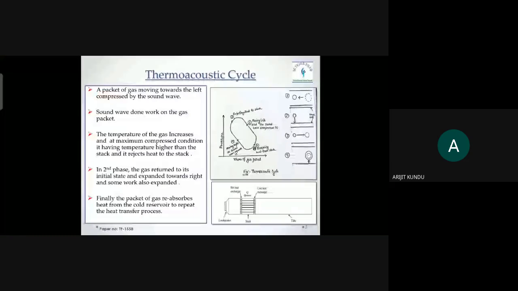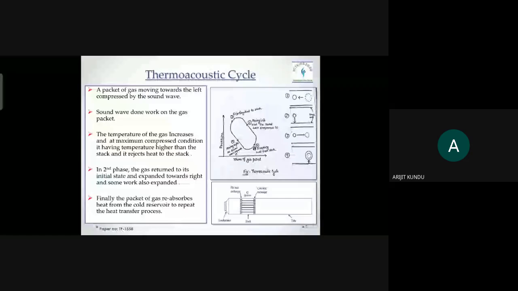So we consider a packet of gas moving and a sound wave moving from left to right. At a particular moment, the sound wave does work on the packet of gas, and at the time of maximum compression, when the temperature of the packet of gas is increased, it loses its heat to the stack material.